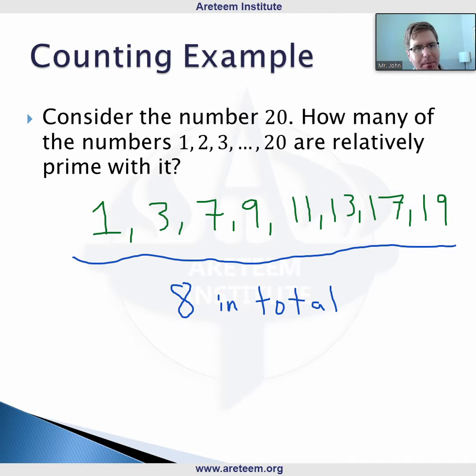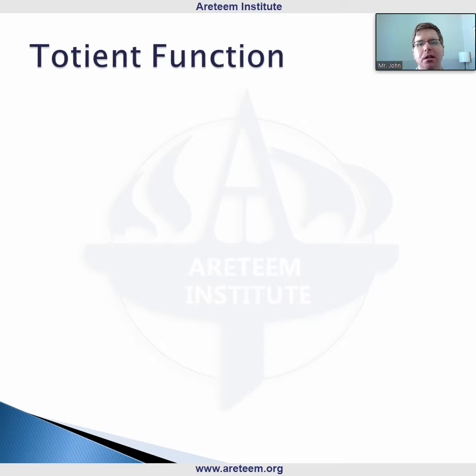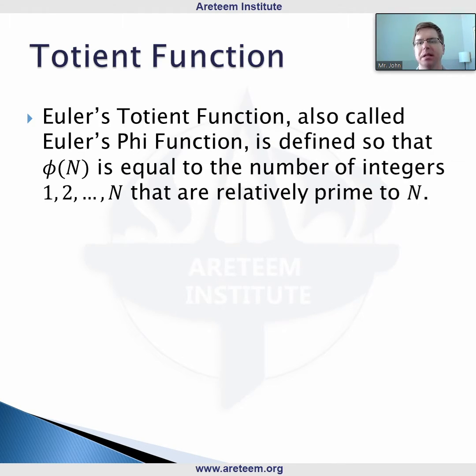Now, we could list them out. Sometimes you will need to list them out or figure out which numbers there are. But a lot of the time, you might just be curious about this counting question: how many are there? And this is exactly what our topic of the day does. The Totient function, also called the Phi function, is written as phi of n. It's equal to the number of integers from 1 up to n that are relatively prime to n.